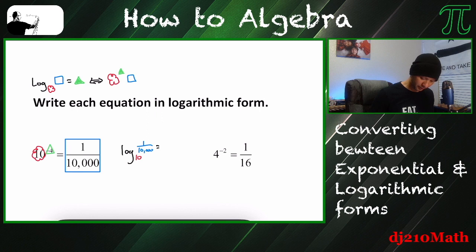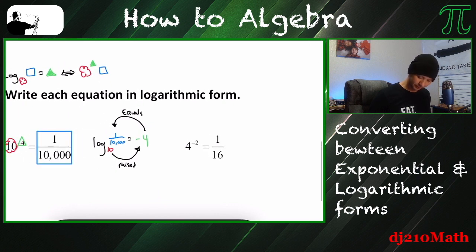And then last, the triangle, -4. And that's it. If you think about it, 10 raised to -4 equals this, and that's exactly what we started with. Right, a quick check. All right.